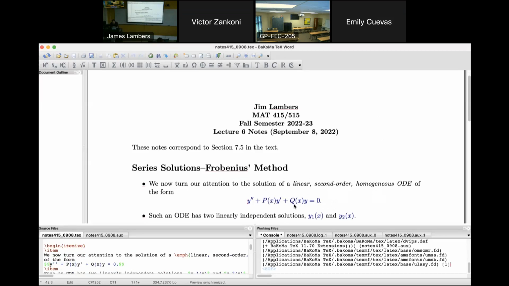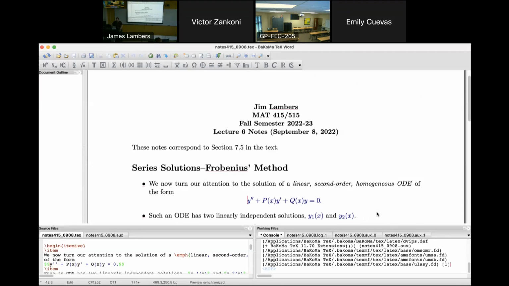In some cases, the coefficients p and q might be undefined at a certain point. For example, it's not unreasonable to have, say, p of x equal to 1 over x. So points like that where the ODE has a singularity will need special consideration.